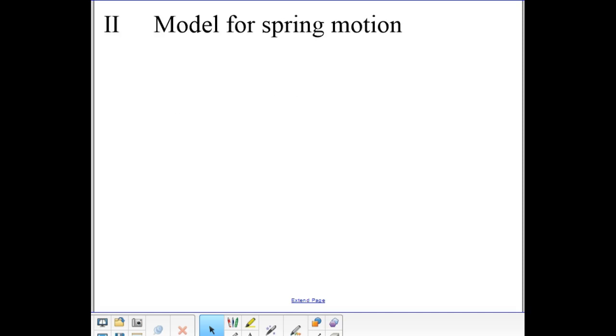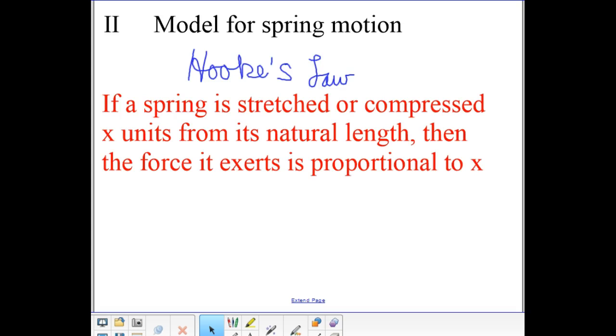All right. New concept, Roman numeral 2. Various applications of the derivative. A model for spring motion. You remember old Hooke's Law. Now, we did stuff with Hooke's Law when we were doing work. Similar idea with this.